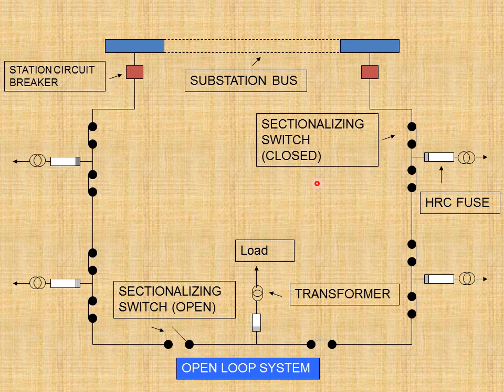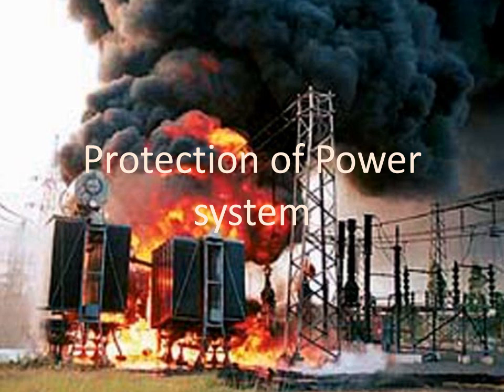Here some sectionalizing switches are shown open, and this one gets closed. We may turn the open loop system into a closed loop system by closing all the sectionalizing switches.